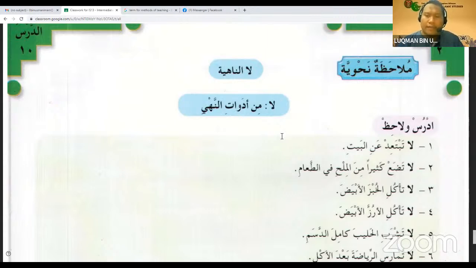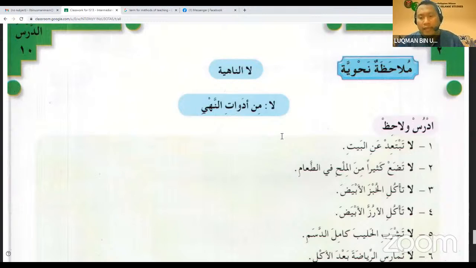Fi'al mudari', the imperfect tense of the verb, second person. Kasi ang pwede mo lang pagbawalan ay yung kausap mo, yung nasa harapan mo. And one of its effects is that the second person imperfect tense of the verb becomes sukun.